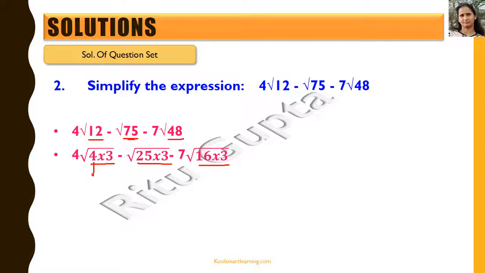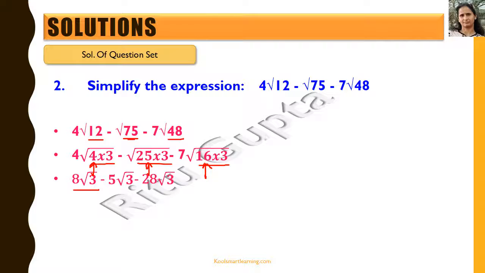Now we know that square root of 4 is 2, square root of 25 is 5, and square root of 16 is 4. So we bring them out and we get 8 root 3, because 4 is already there, and we get square root of 4, which is 2, out.